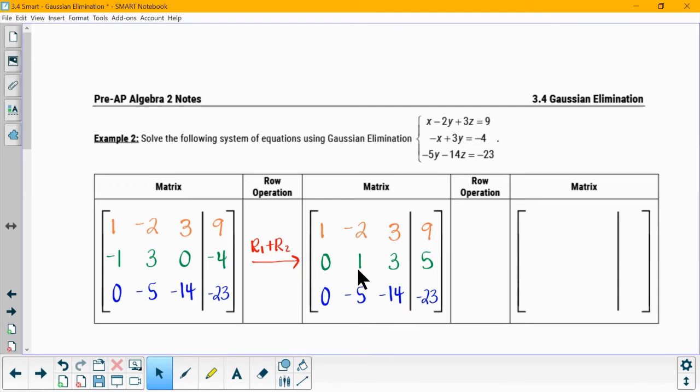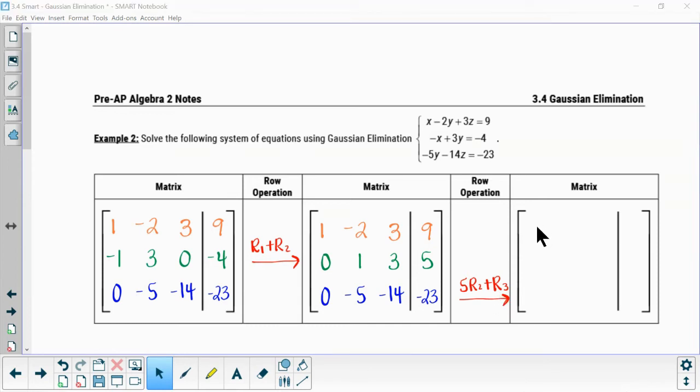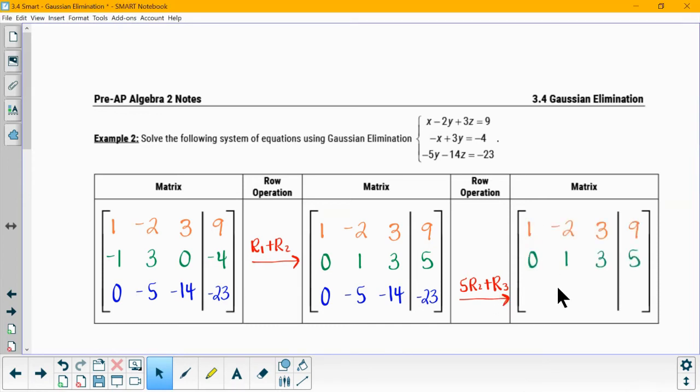Now, if I were to multiply the values in row 2 by 5, then I can add it to row 3 to make this entry 0. So what I'm going to do is I'm going to say row 3 is changing to be 5 times row 2 plus row 3. First thing I'm going to do is rewrite row 1 and row 2 so that I do not alter them while I'm going through this step of row operations.